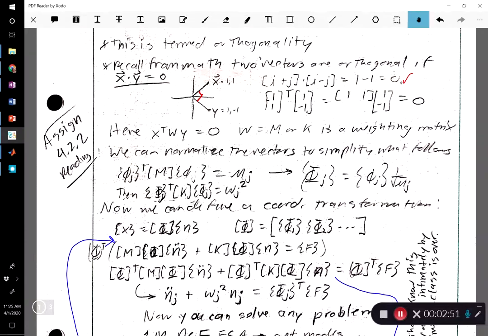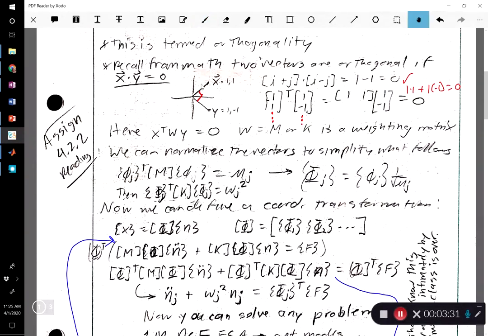For this class, the more relevant definition of a dot product is that you take one of the vectors transposed into the other. So here we would write this vector as [1, 1], this one as [1, -1], and then the dot product is just the product of these two, which would give us 1 times 1 plus 1 times minus 1, which is also equal to 0. So that's orthogonality, and this definition is extendable to the case where these vectors have an arbitrary length.